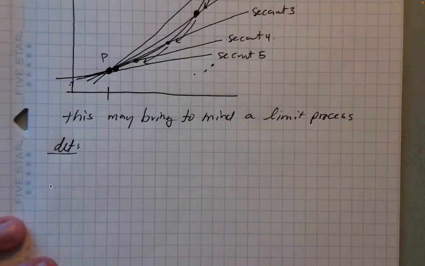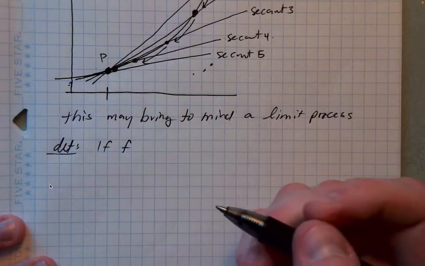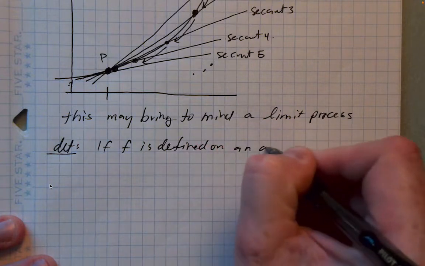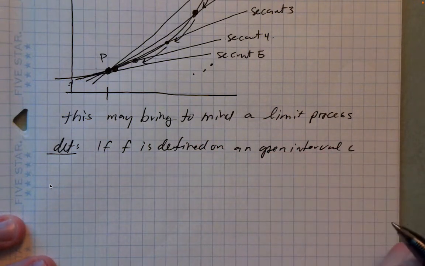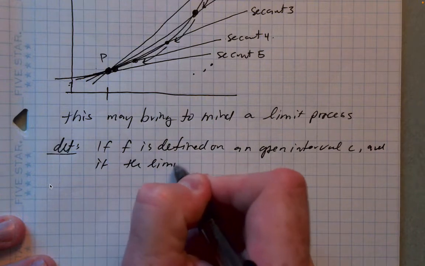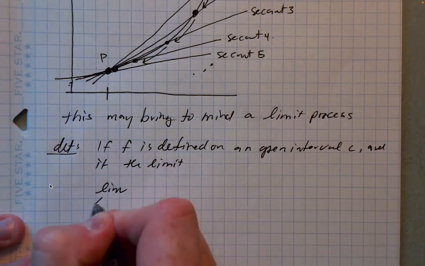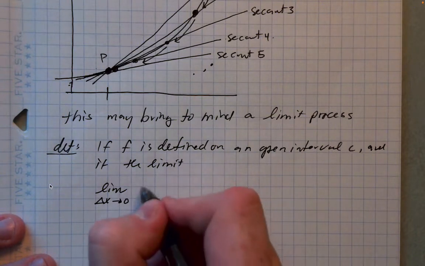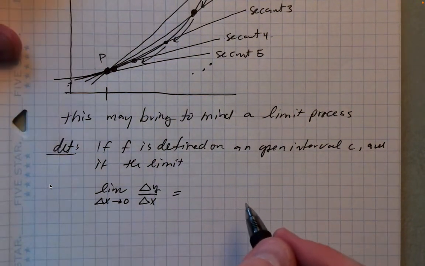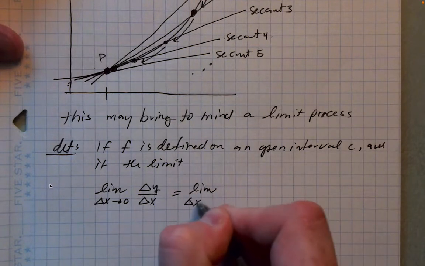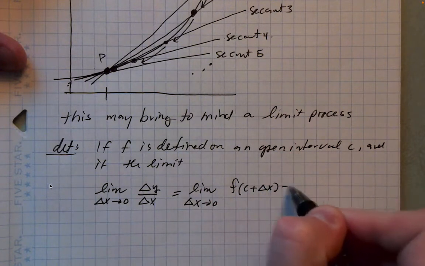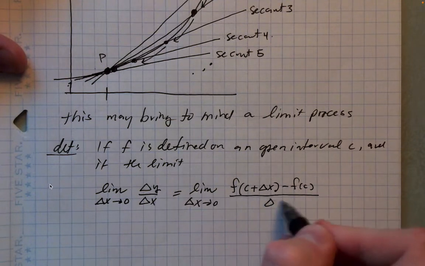So if f is defined on an open interval C, and if the limit, now here's the limit, this is going to be the limit as delta x goes to 0 of delta y over delta x, which we could rewrite more explicitly as the limit as delta x goes to 0 of f of c plus delta x minus f of c, all divided by delta x.